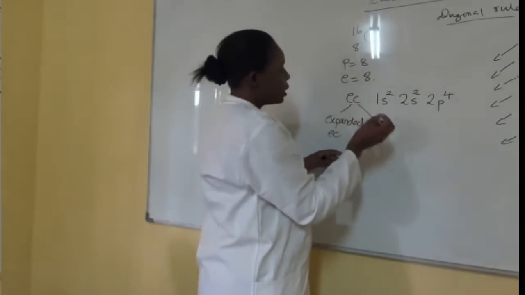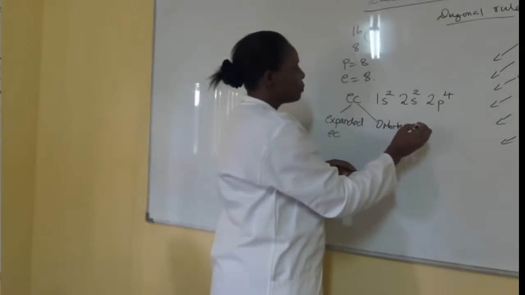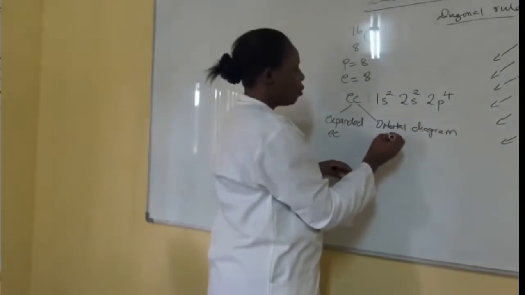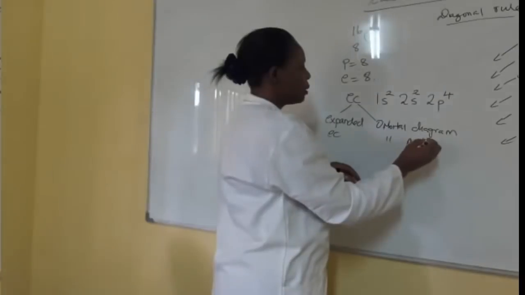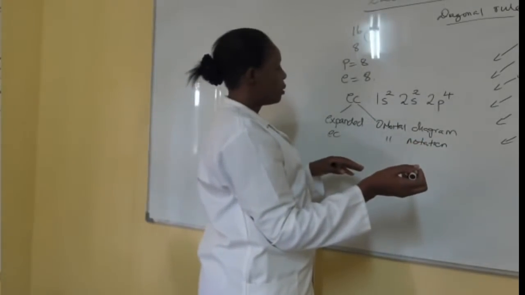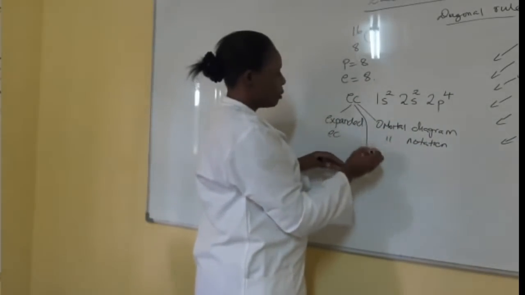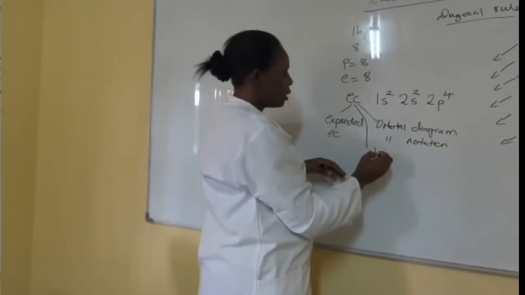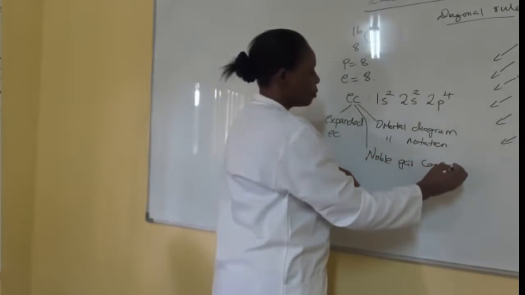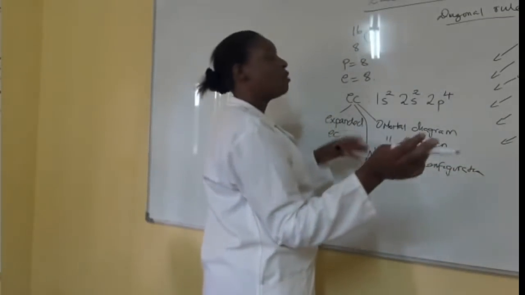We can also represent this as an orbital diagram or orbital notation. You can equally represent it as noble gas configuration, or abbreviated.